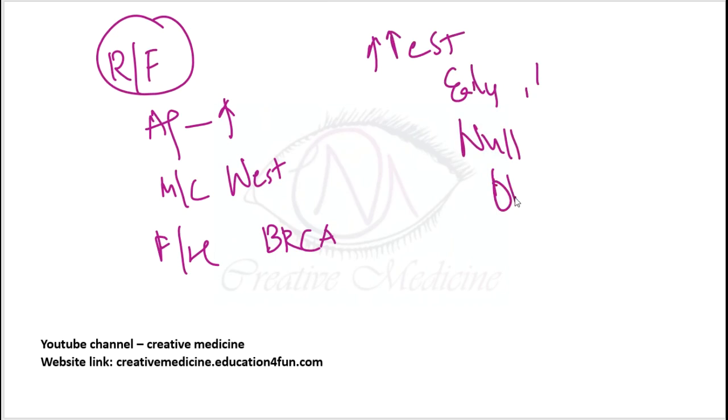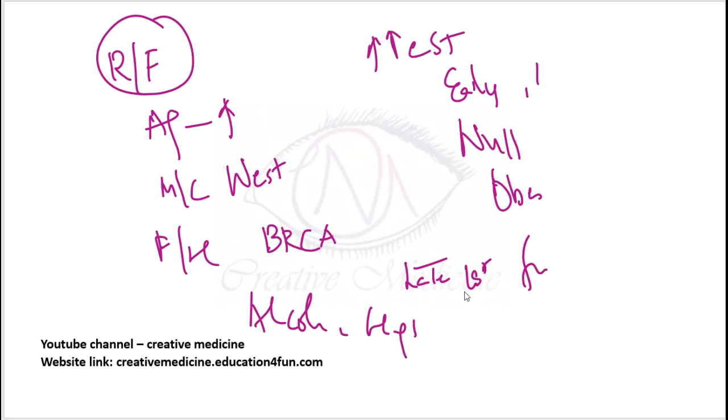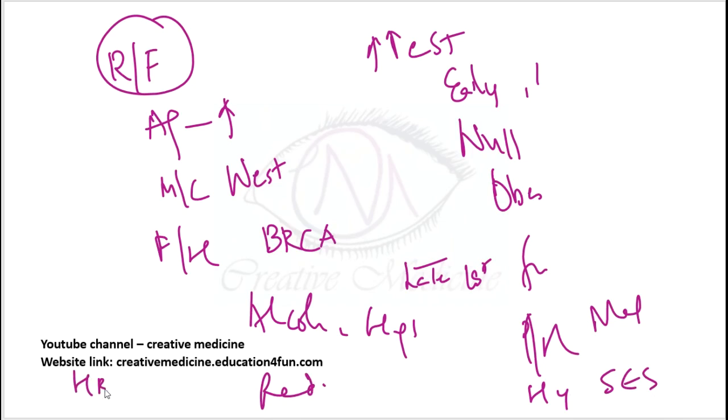Nulliparity and obesity are associated. Late first full-term pregnancy is also a risk factor. Alcohol and high fat diet are also risk factors. Personal history of malignancy is a risk factor, especially in the contralateral breast. Also ovarian and endometrial cancer. High socioeconomic status, radiation exposure, hormone replacement therapy. So all these are risk factors.